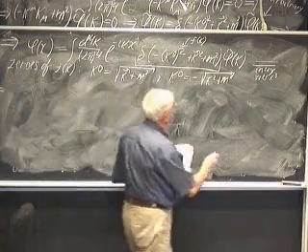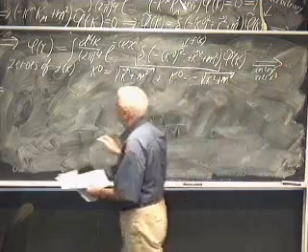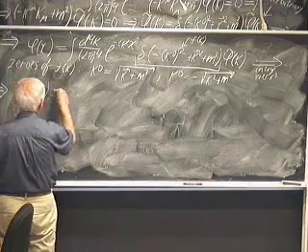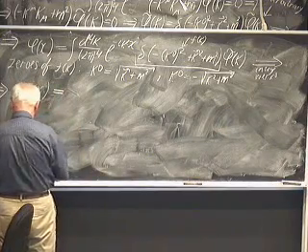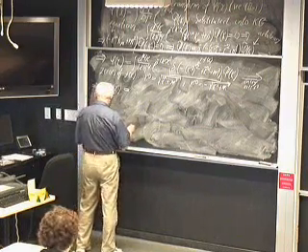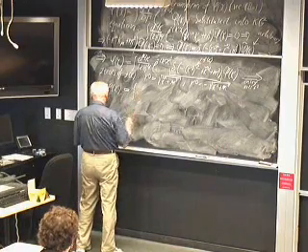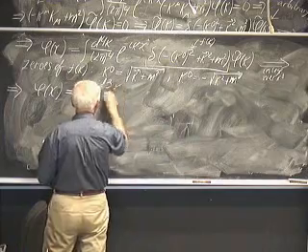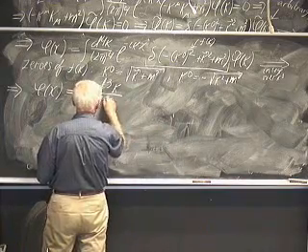Maybe it's better to write an arrow, and phi x now equals this: d3k over 2 pi to the 4.